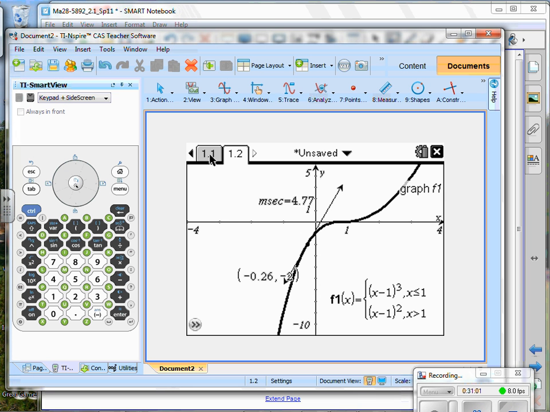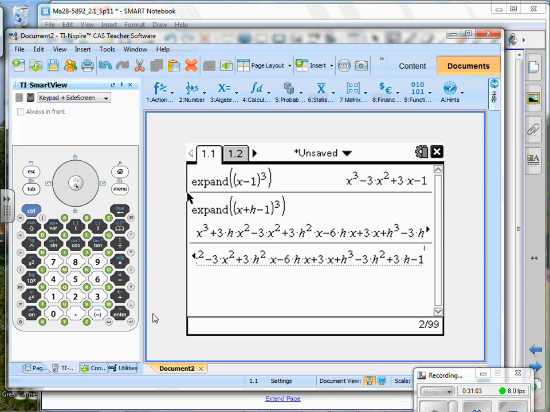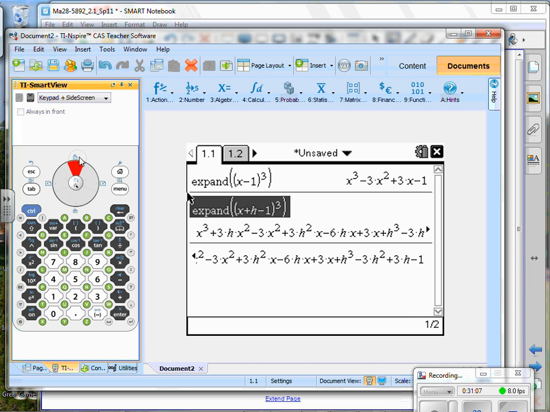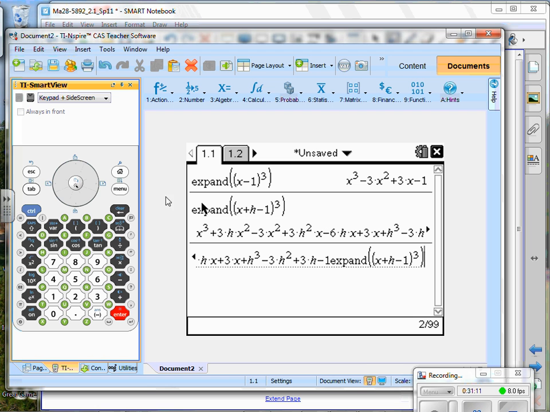But again, this is why we have this technology for you. I don't need to go up and redo a whole bunch of stuff. I just need to go up, copy it. Before I do that, let me erase everything. There we go. Okay.